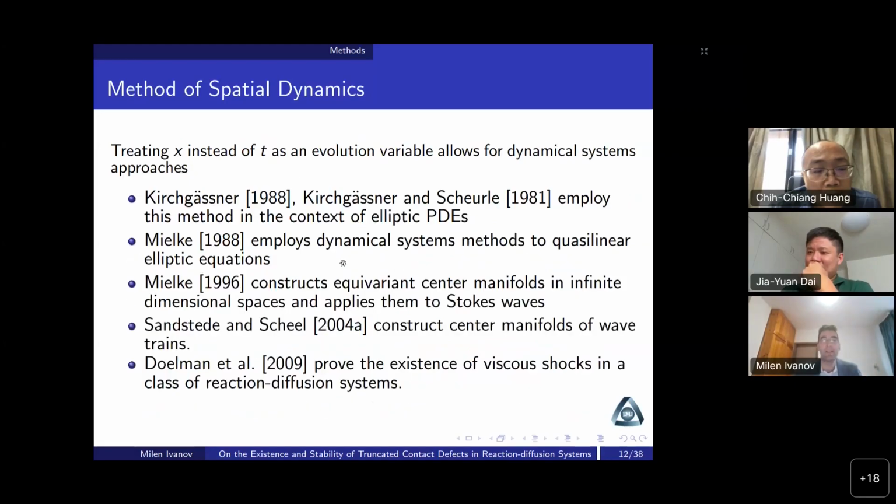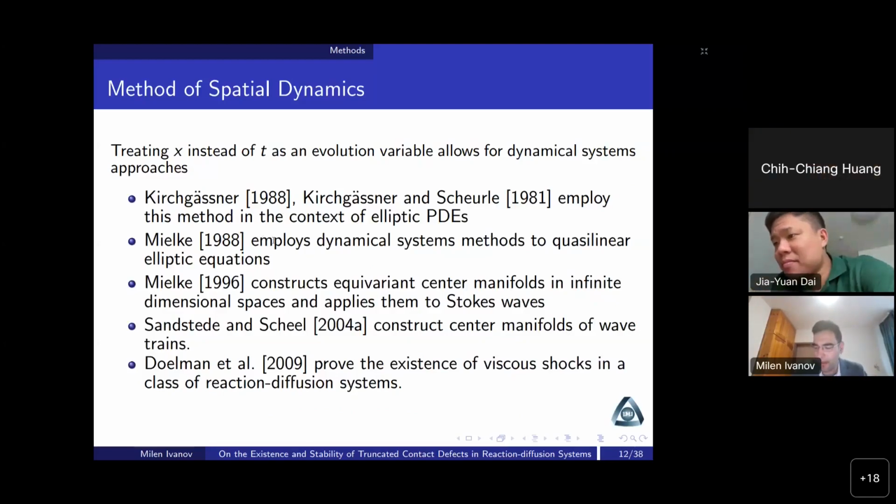This method was pioneered by Kirchgassner and Scheurle, and they used it for elliptic PDEs. Alexander Mielke uses such dynamical system methods, like center stable and center unstable manifolds, for quasi-linear elliptic equations. In his work in '96, he constructs center manifolds in these infinite dimensional spaces, which I alluded to earlier, and he uses them to study Stokes waves.